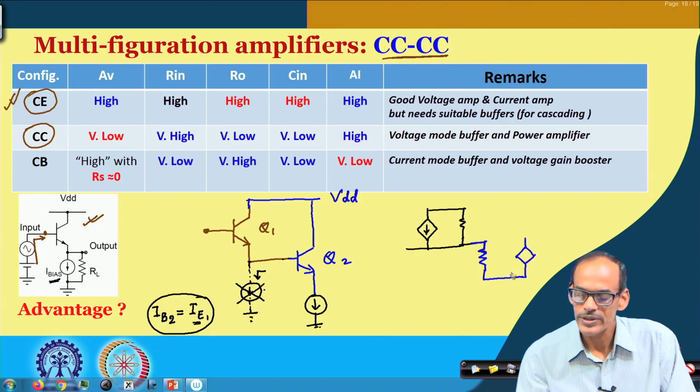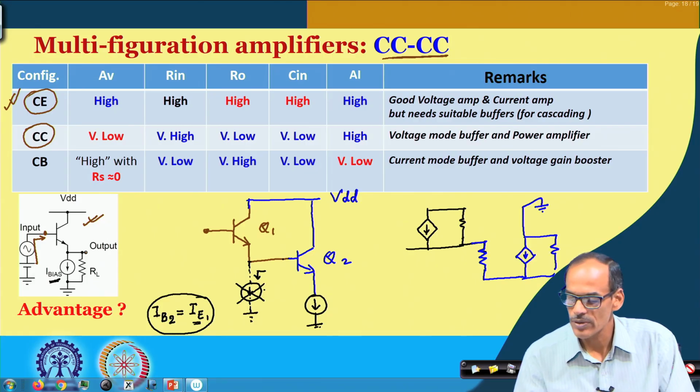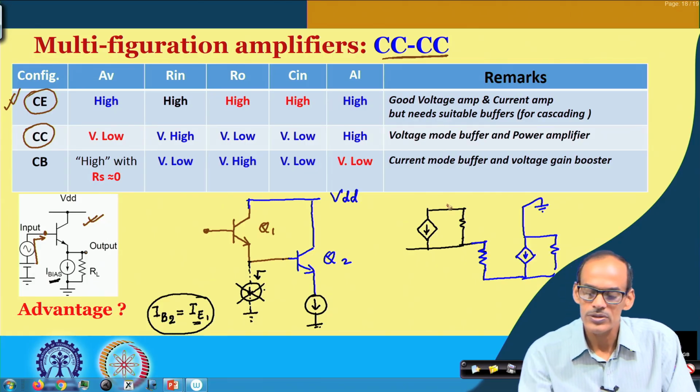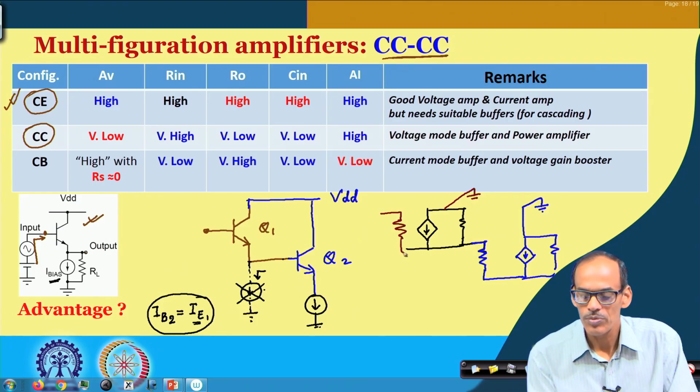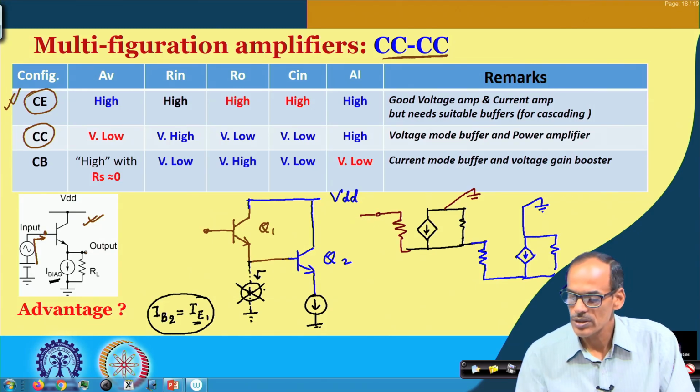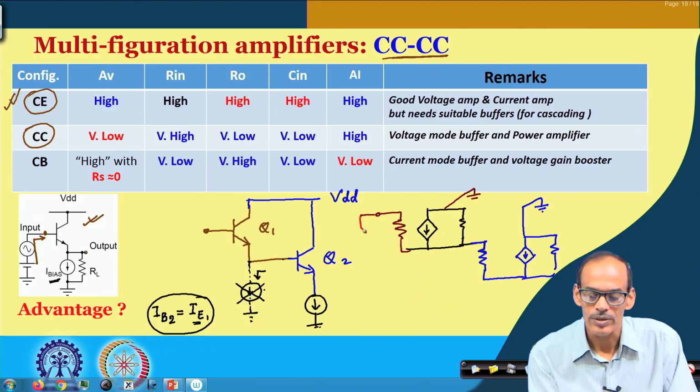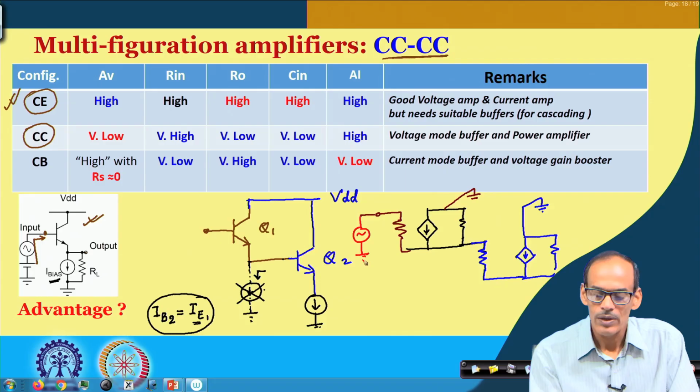This is the small signal model of the second transistor Q2, and this node is connected to the DC voltage, which is AC ground, and this is also AC ground. And of course, we have the input port. The input signal we are feeding here, this is the input signal Vs.